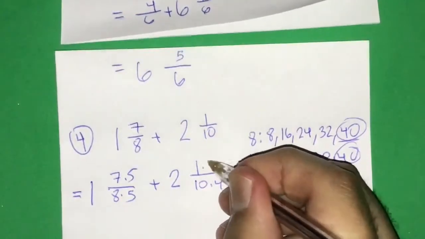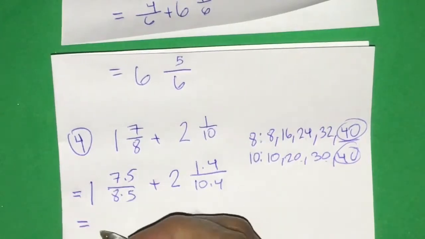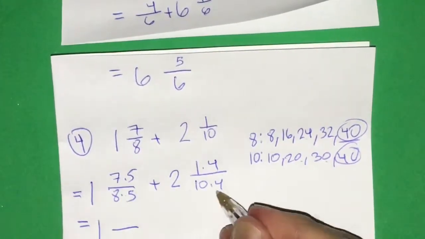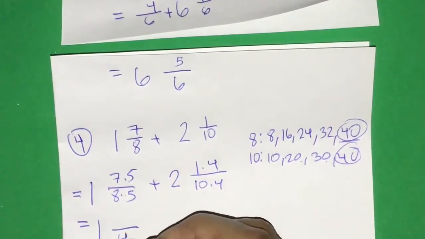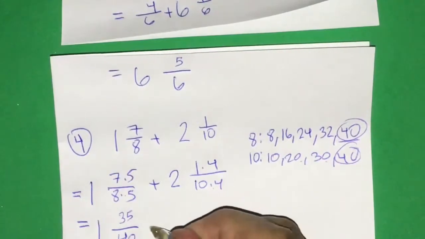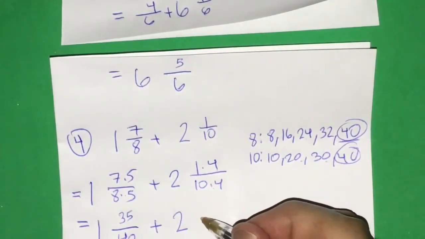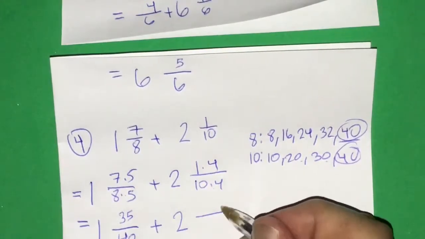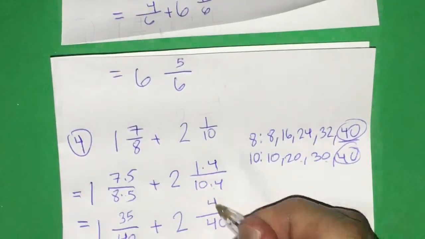Also got to multiply the 1 by 4. That way we get equivalent fractions. Okay. So now let's see what our equivalent fractions are. 1, and we already saw our denominators are going to be 40. And 7 times 5, that's 35. And we're going to add 2. And 10 times 4, that's 40. 1 times 4, that's 4.